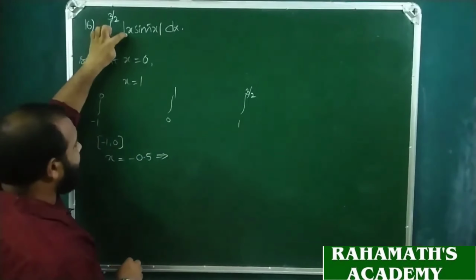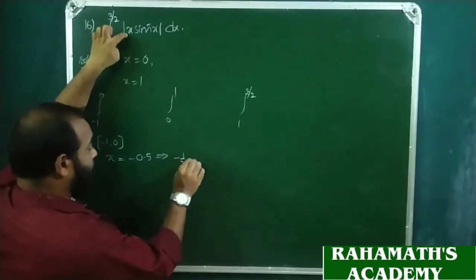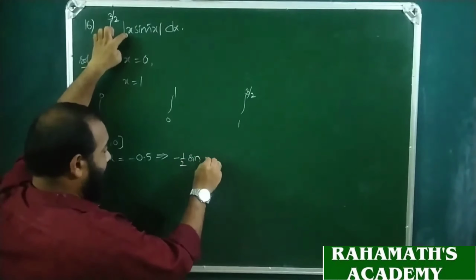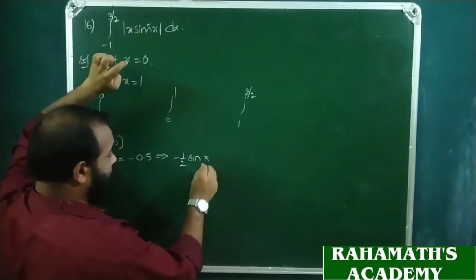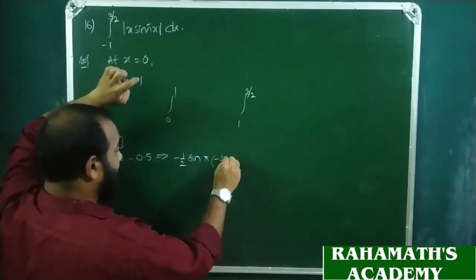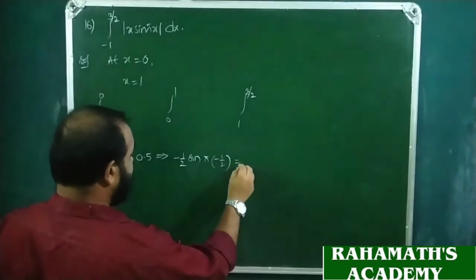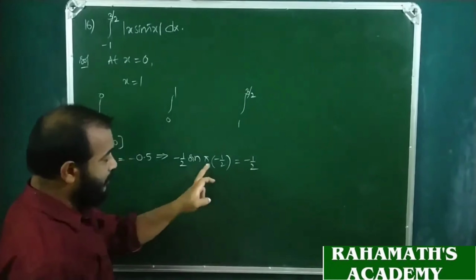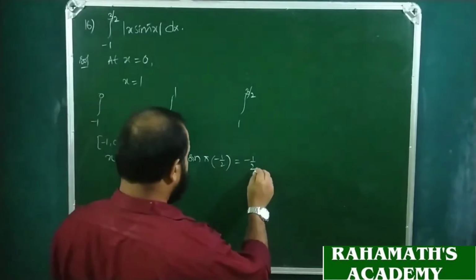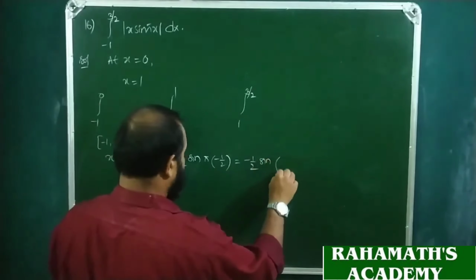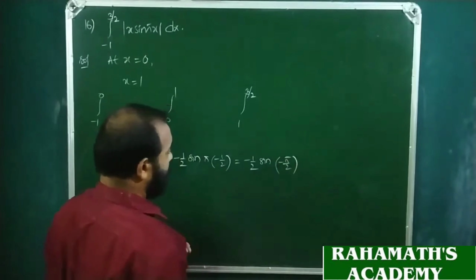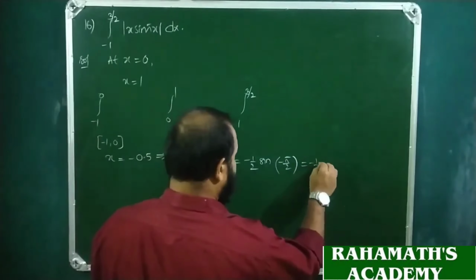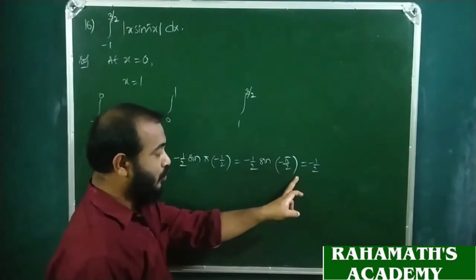Then let us see. Minus 0.5 means minus 1 by 2, sine pi into minus 1 by 2. That means minus 1 by 2 sine minus pi by 2.